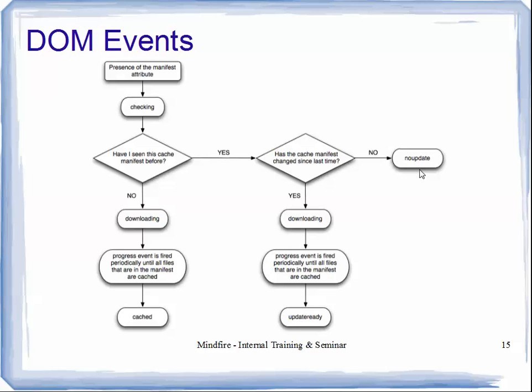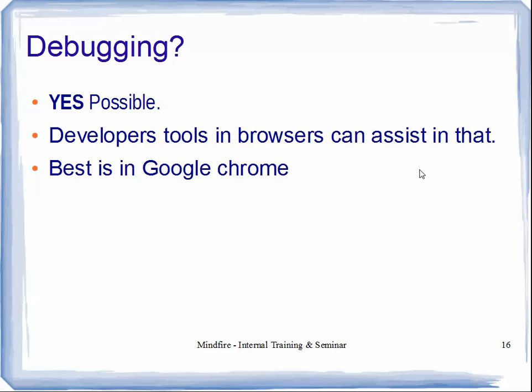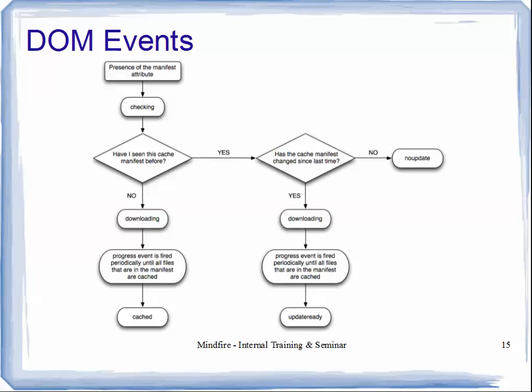Basically, let's say in your version 1 manifest file, you have defined index.html and style.css. And in version 2, you have removed index.html and now you are defining gas demo.html.